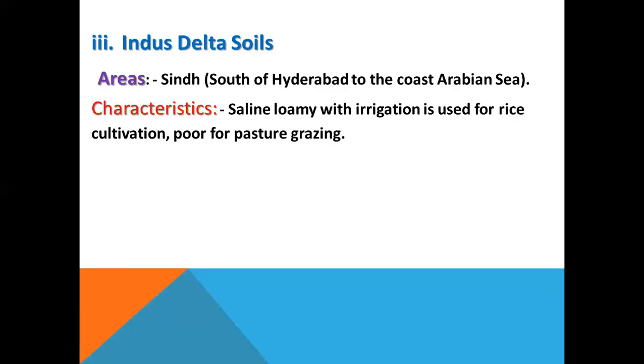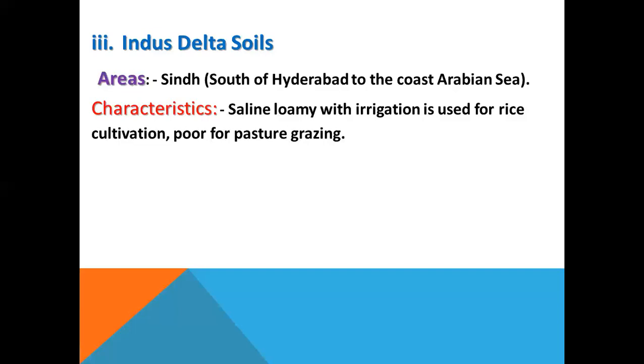These cover the entire area of Indus Delta from south of Hyderabad to the coast. Clay soils developed under flood water conditions cover about 1/3 of the area. With irrigation, these soils are used for rice cultivation.